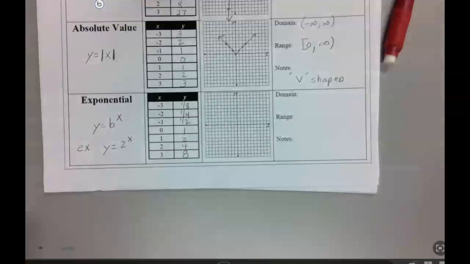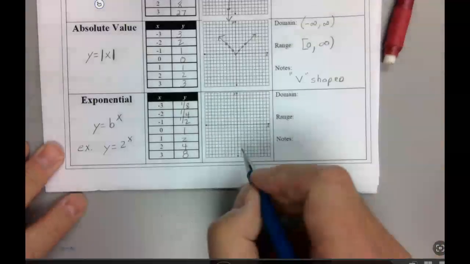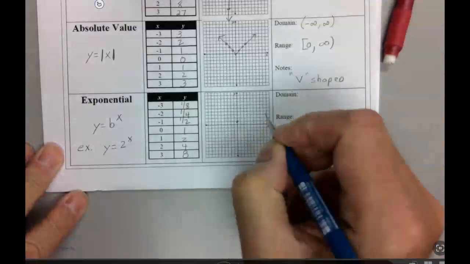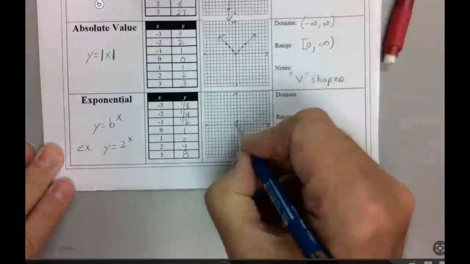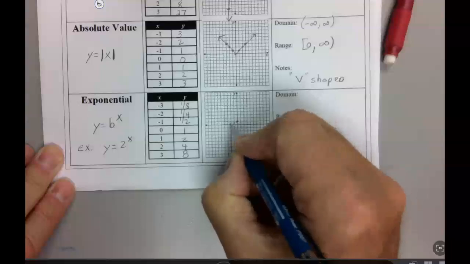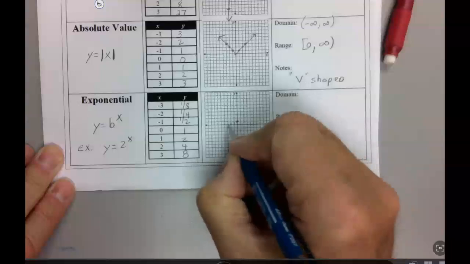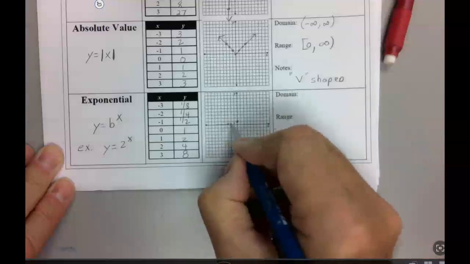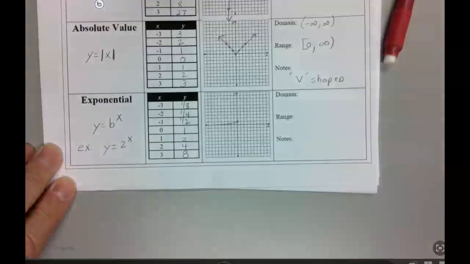So let's graph it. 0, 1. Negative 1, a half. Negative 2, a fourth. Negative 3, an eighth. So you guys see it's getting really, really close to the x-axis, isn't it? Will it ever touch the x-axis?